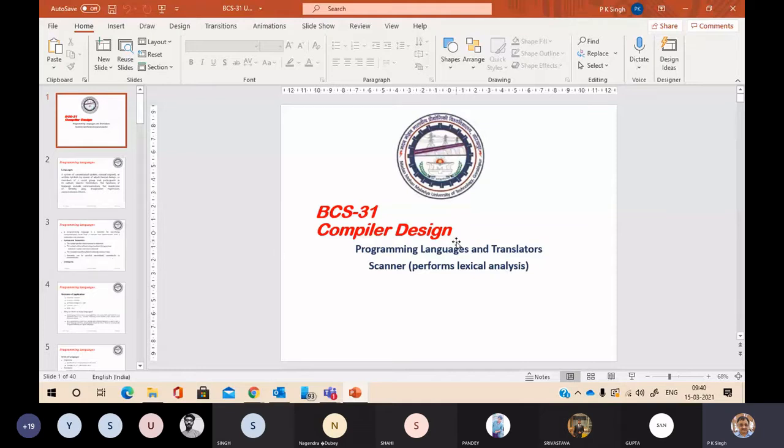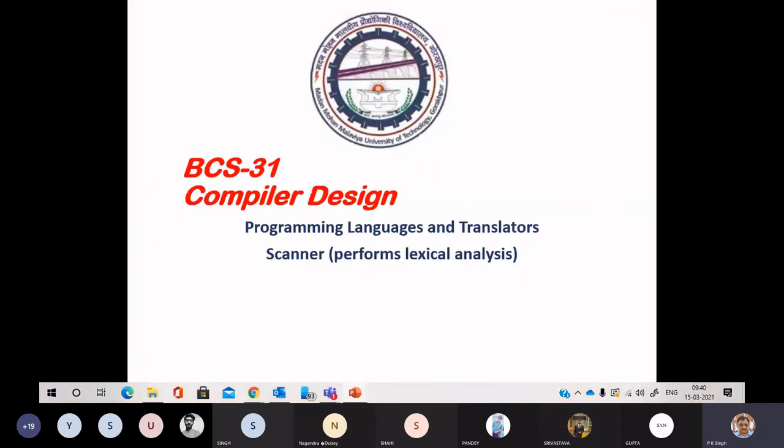Similarly, we have programming language through which we define our problem. We describe our problem so that your computer system can understand and execute that very problem.